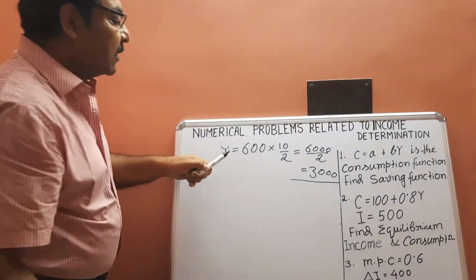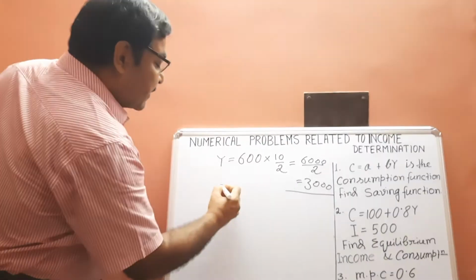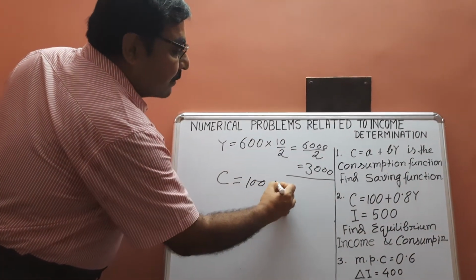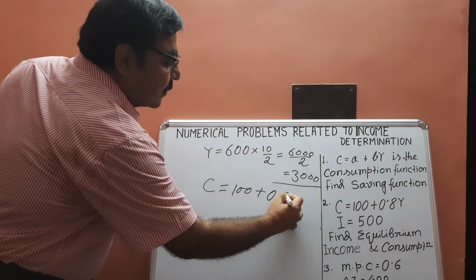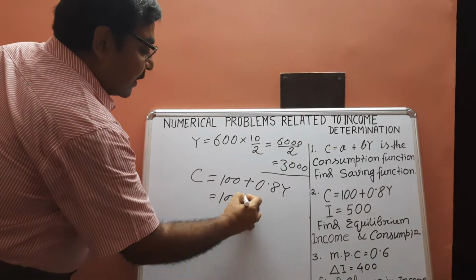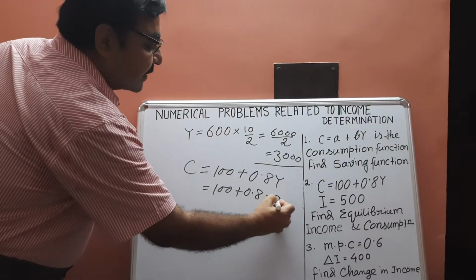You have got the value of equilibrium income 3000, and the consumption function is given: C equals 100 plus 0.8Y. Here in place of Y, your value is 3000.